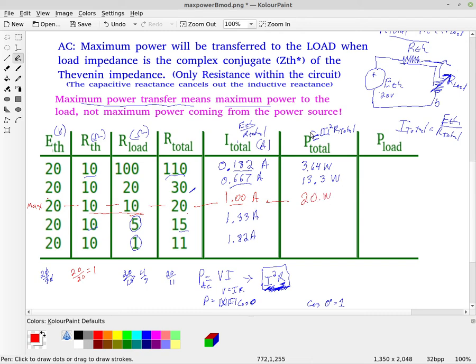Now remember, this is the power supplied here. This is the power that the voltage source is supplying, but it's not what's getting to the load. This is just total power being used.